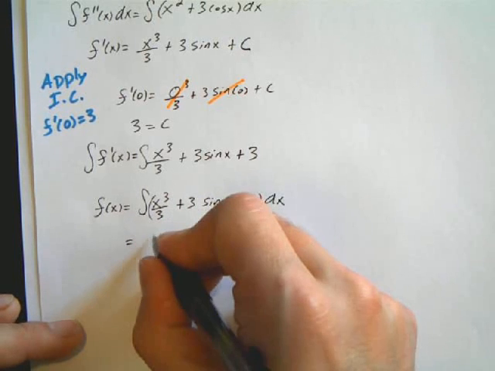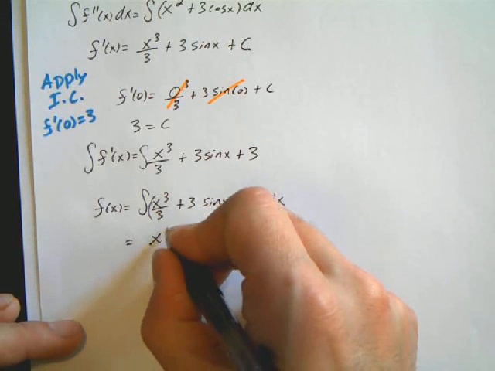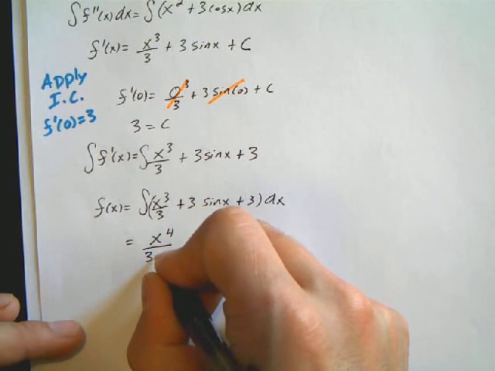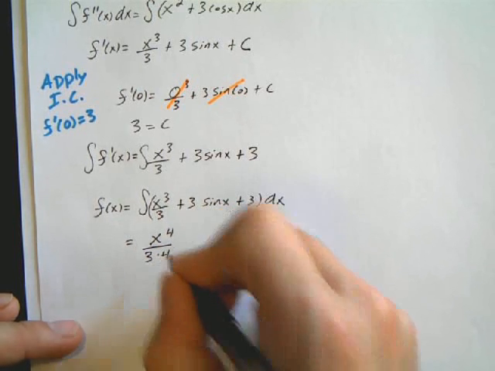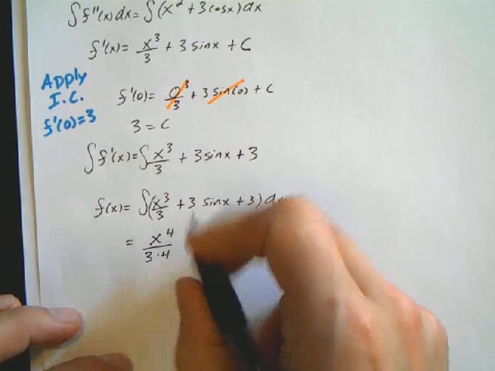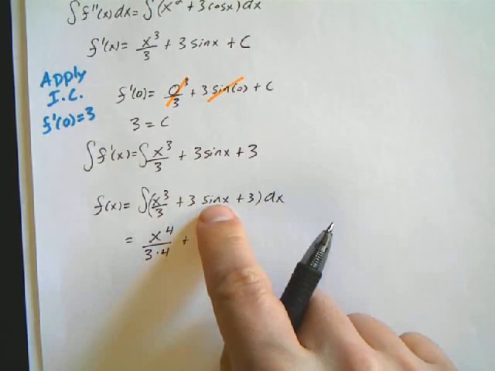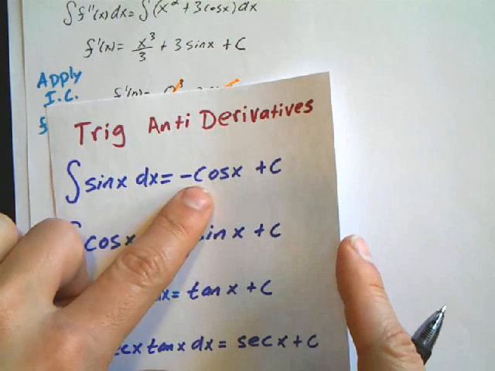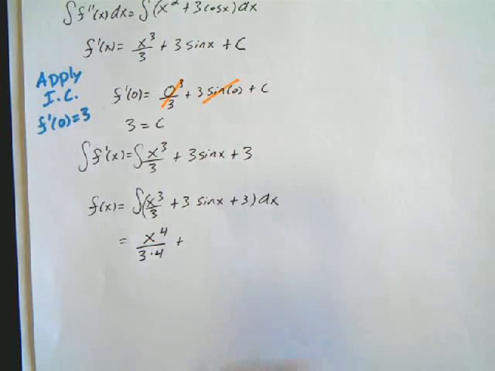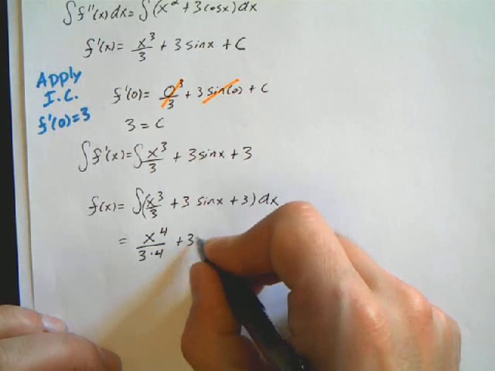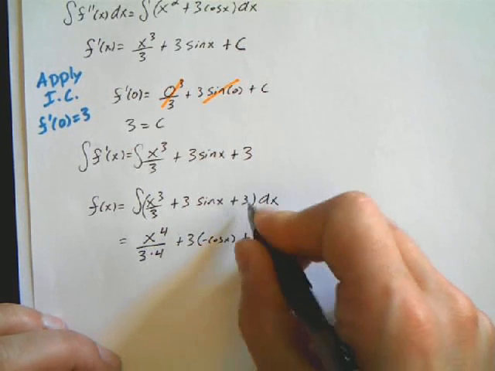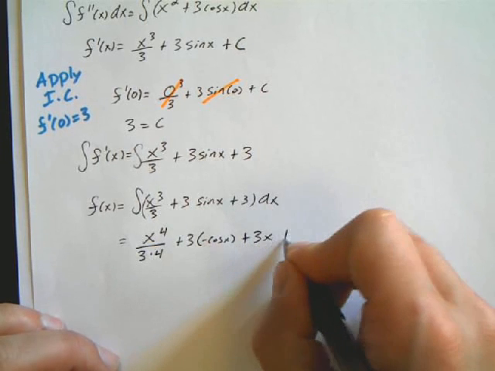So x to the third becomes x to the fourth all over 3 times 4. I'm going to explain why that is in a minute. Plus, the antiderivative of sine is a negative cosine, so it's going to be plus 3 multiplied by negative cosine of x. The antiderivative of 3 is 3x plus c.